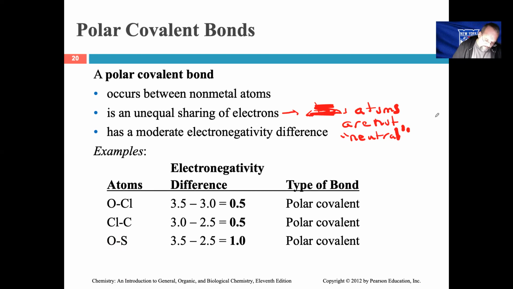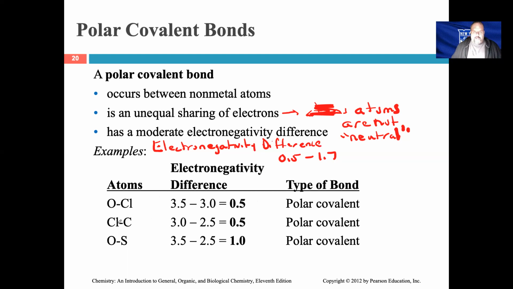In terms of the electronegativity difference for a polar covalent bond, usually it's about 0.5 to about 1.7. So if you have nonmetals where the electronegativity difference is 0.5 to about 1.7, you have a polar covalent bond. And here are some examples of that.